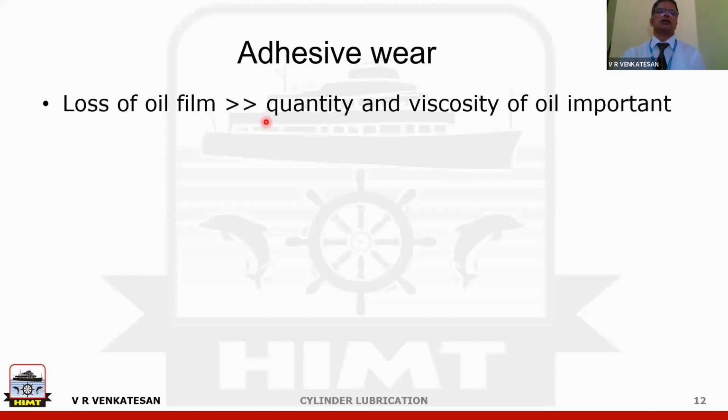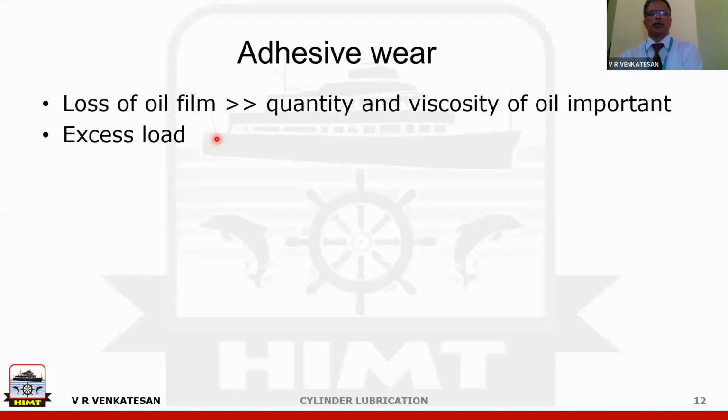So in this case, again, you go back to your Stribeck curve, where sufficient oil should be there. Oil should have sufficient viscosity. And remember, Z is the viscosity of oil. So if you have a sufficient amount of oil of the right viscosity, and if the movement is there, then it is possible to maintain the oil film.